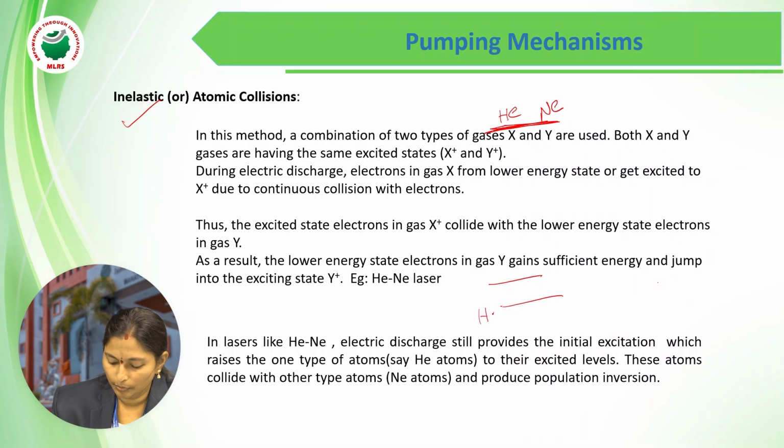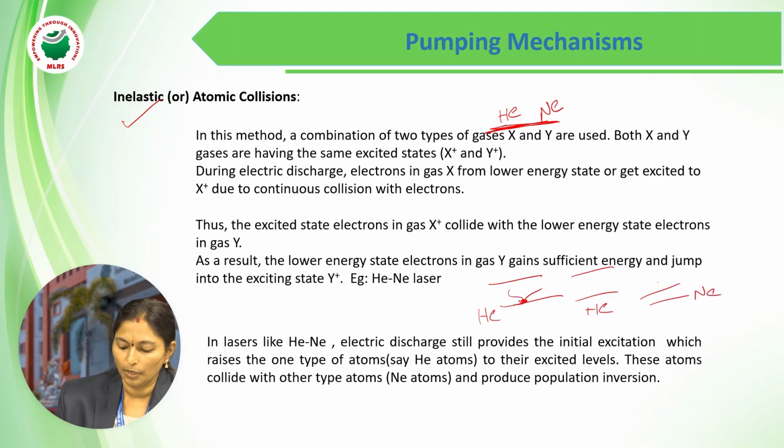This is helium, this is also helium, and this is neon. The helium atoms are in the ground state. Through electric discharge, they get sufficient energy and move from the ground state to the excited state. We can say this is X and this is Y. X star means the excited state, and this is also Y star, the excited state.